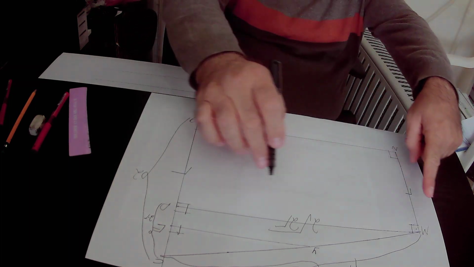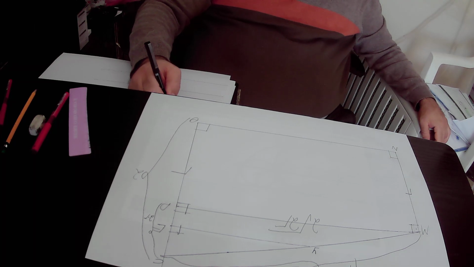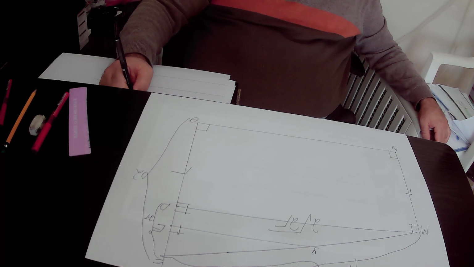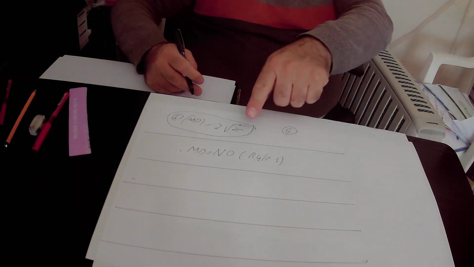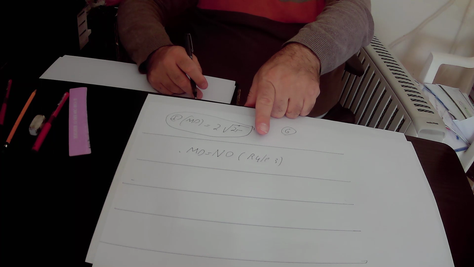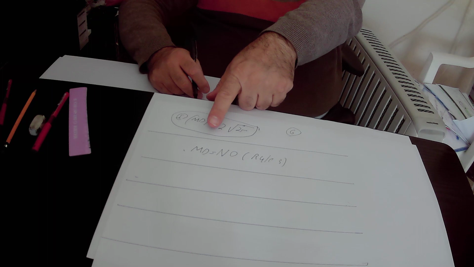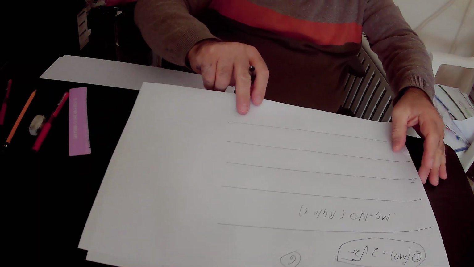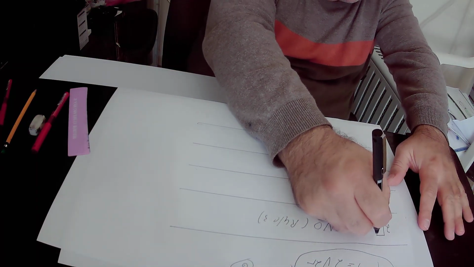Therefore, MD will be equal to NO. MD equals to NO according to rule number 3. But we have already found out that MD equals to 2 times square root of 2R. So we'll write it down, that MD equals to 2 times square root of 2R.